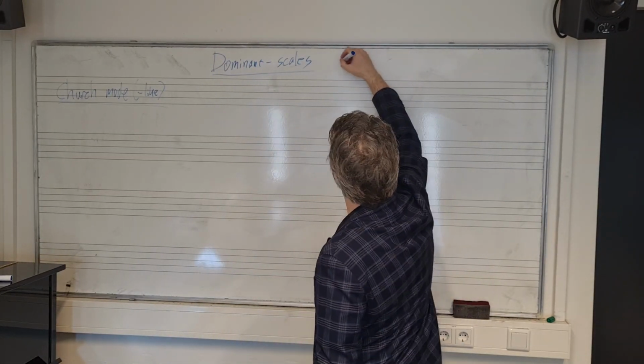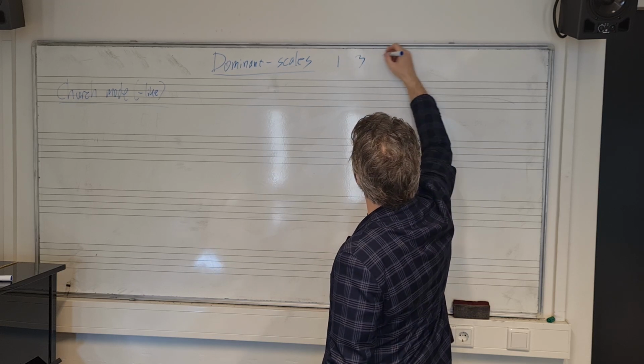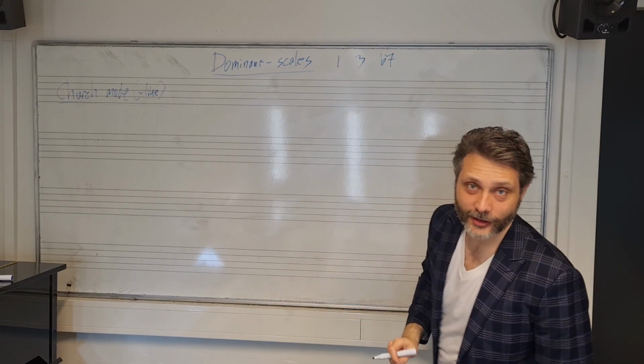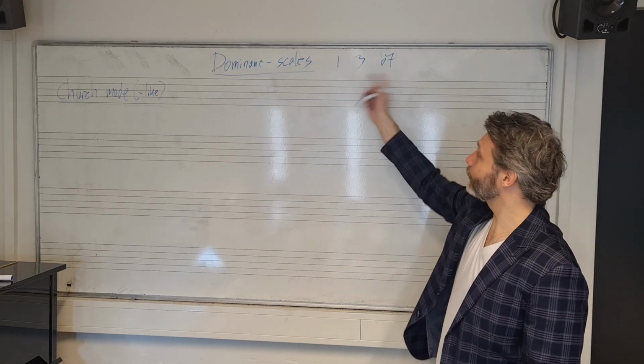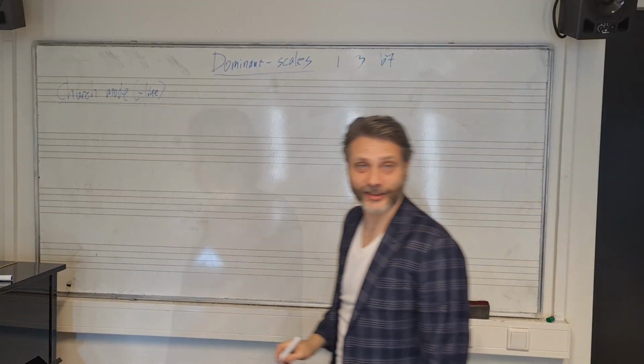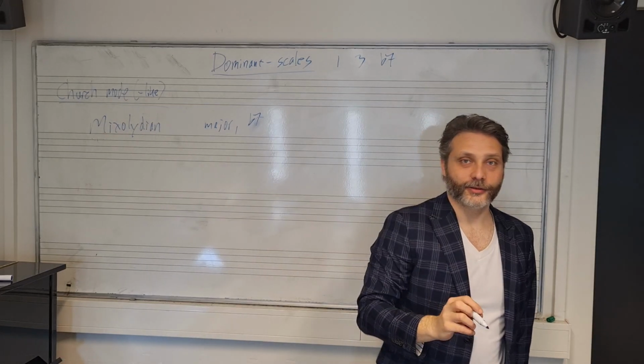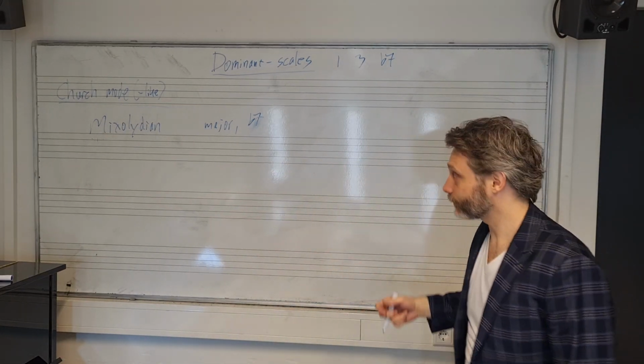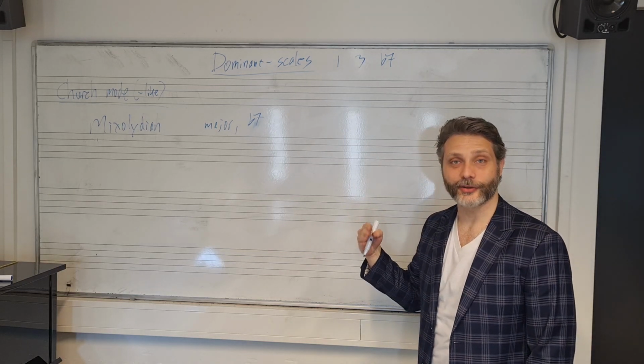Dominant means we have a 1, a major third, and a minor 7th. Last video, we learned a scale that has those notes in it. It's Mixolydian. Now, we know another major scale with one alteration, and that's a major scale with an augmented fourth.